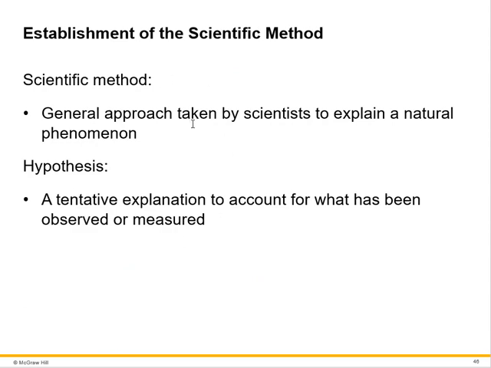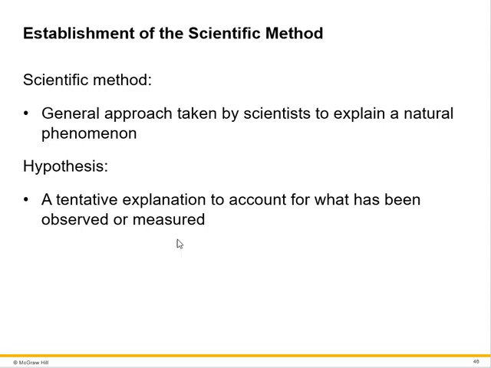So the establishment of the scientific method, that was a big finding and was the result of then newer findings, and the golden ages of microbiology would not have been possible if they had not established the scientific method. But the general approach that scientists use to explain natural phenomena, that is the scientific method.